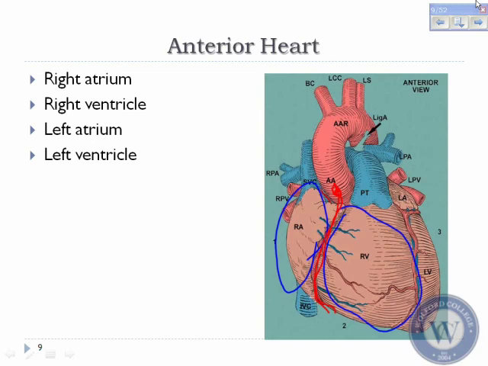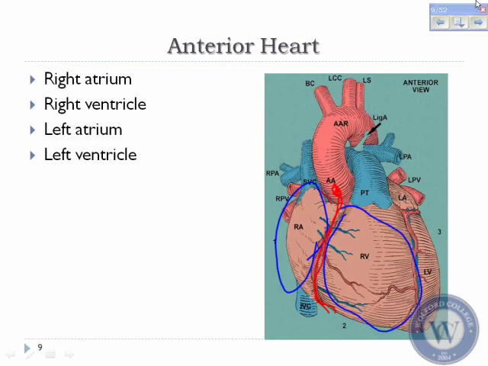Now the right atrium is the basic compartment that holds the blood prior to the ventricle going through what's called the diastolic phase. The right atrium contracts at the end of diastole to help fill the right ventricle fully.